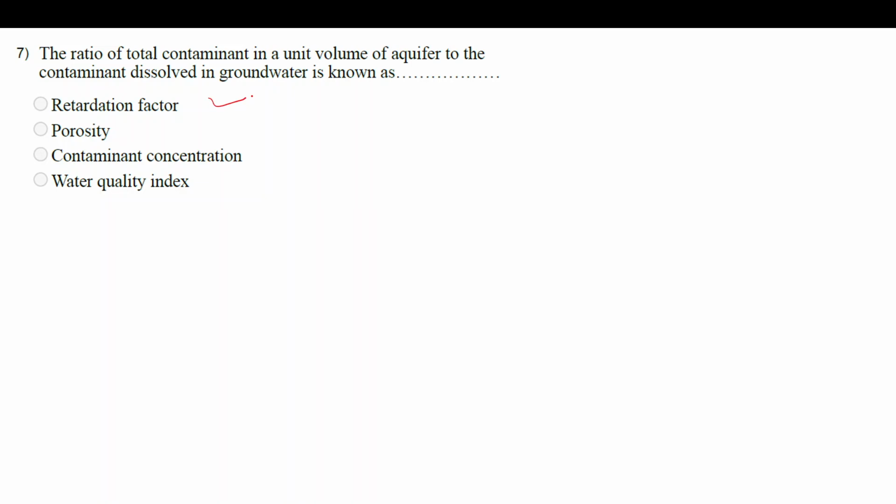It is the reduction in the concentration which could be because of certain precipitation or absorption of chemicals or pollutants which are present, and the factor that governs that reduction is nothing but the retardation factor.